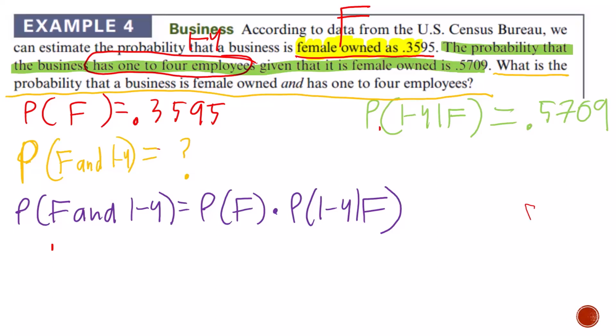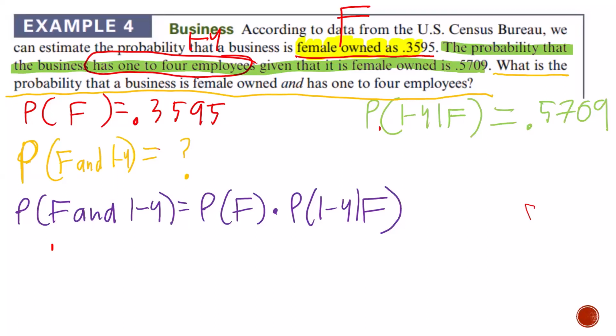Jeannie asks, is this true because well, this number is only interesting because it's dependent, right? But even if it were independent, this number would be the same if I didn't have F or not, but I could still use the formula, right? So this formula works whether the events are independent or dependent.